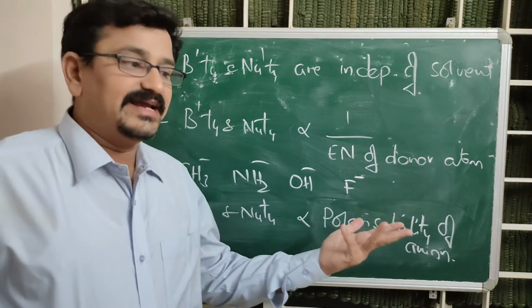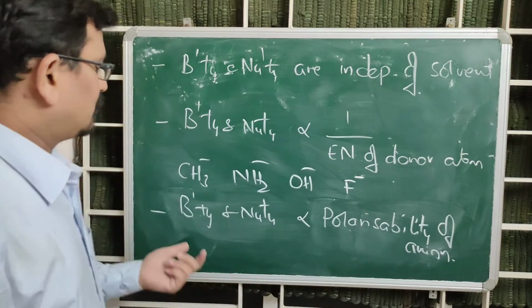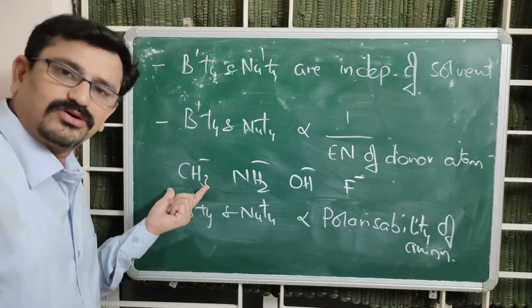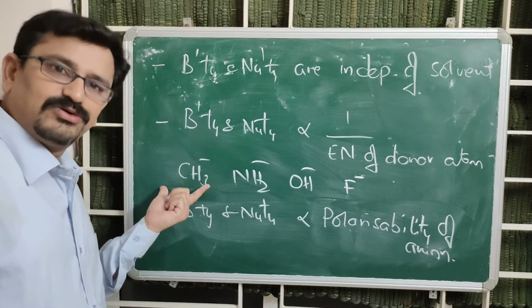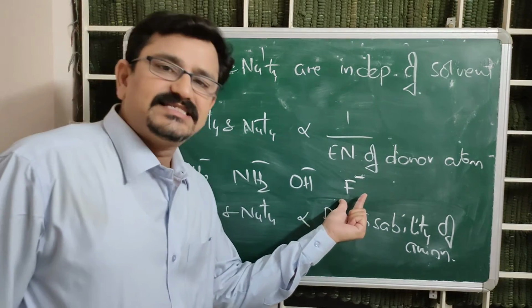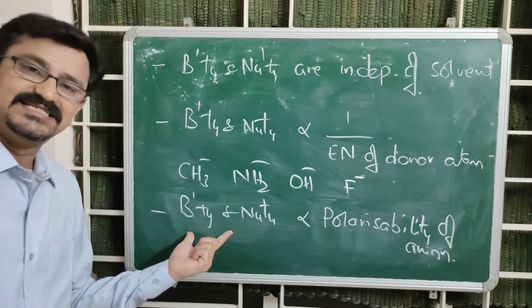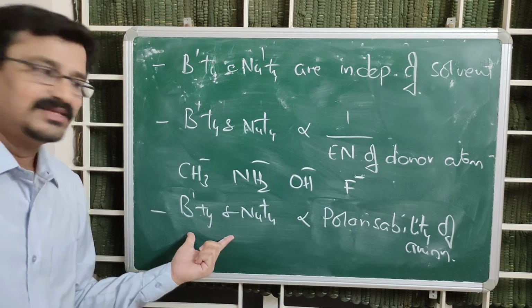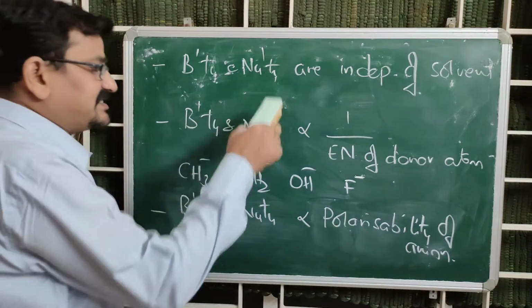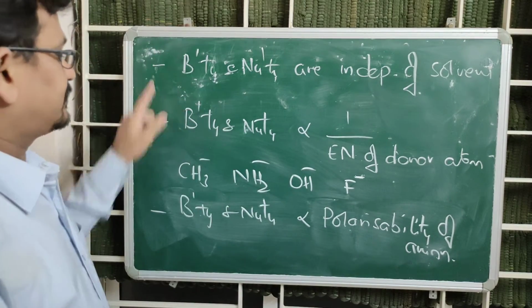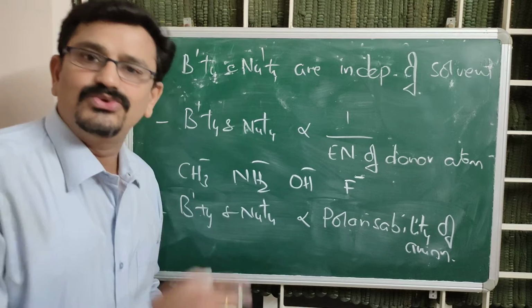Polarizability means the ability to get polarized. Usually, polarizability will be more when the size is more. So, the larger one will be more readily polarized, and the smaller one is less readily polarized. So, the more the polarizability, the more is the basicity and nucleophilicity. In this way, these 3 points are to be studied whenever the atoms of comparison belong to the same period.